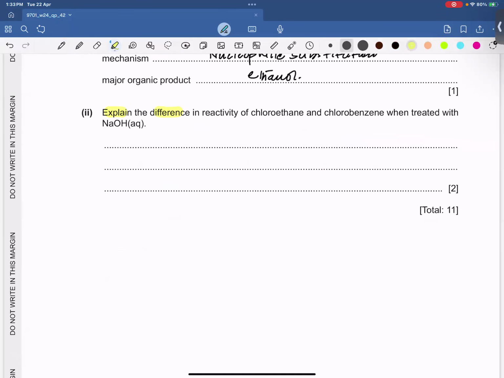Explain the difference in reactivity of chloroethane and chlorobenzene when treated with NaOH.